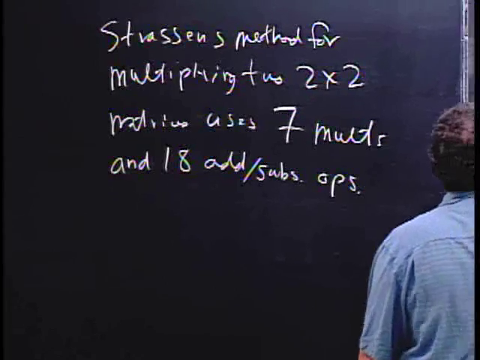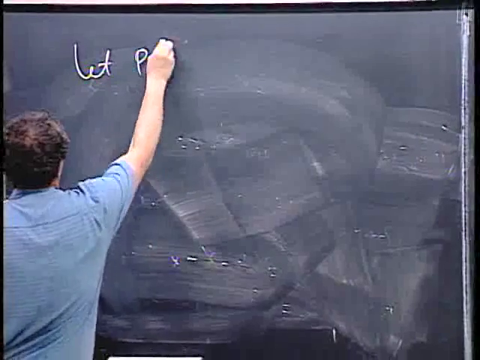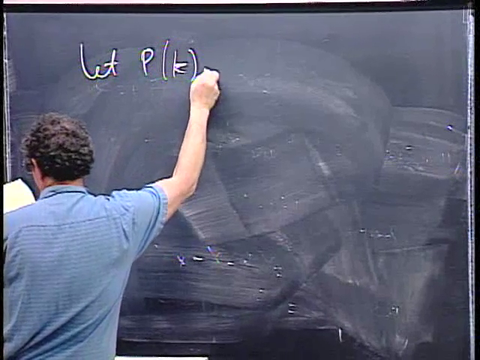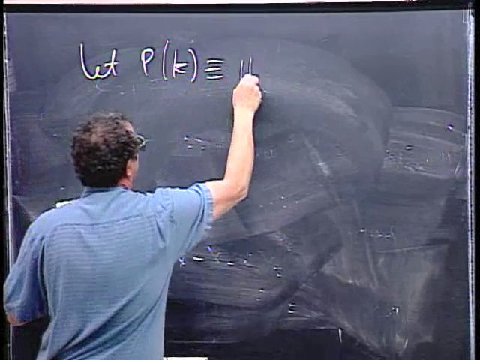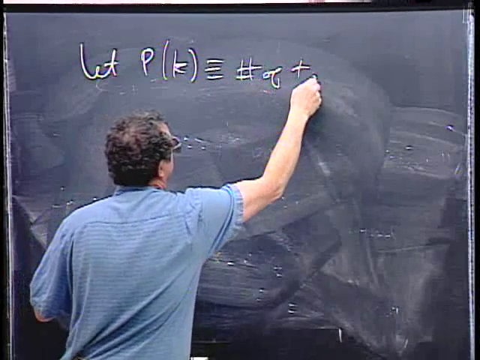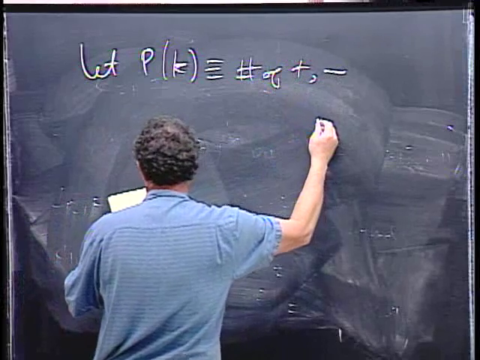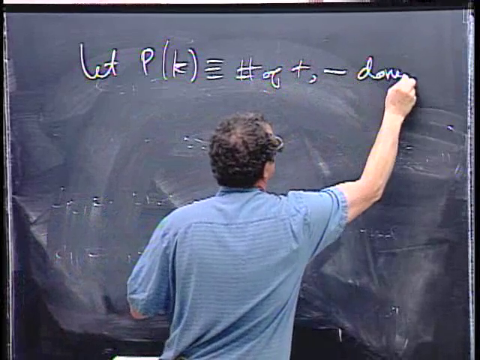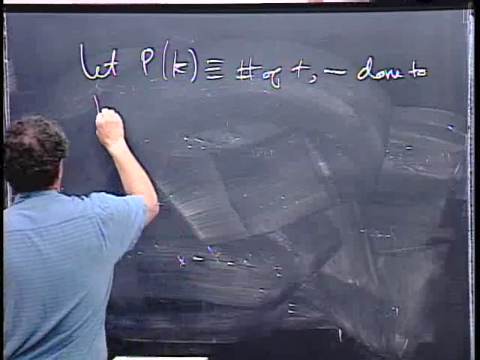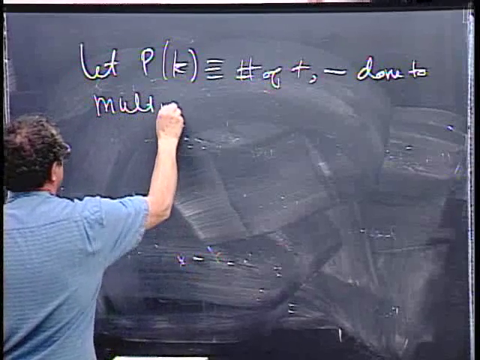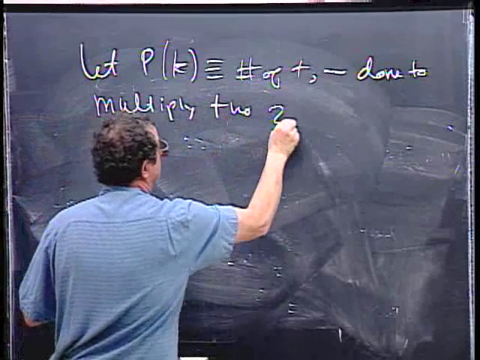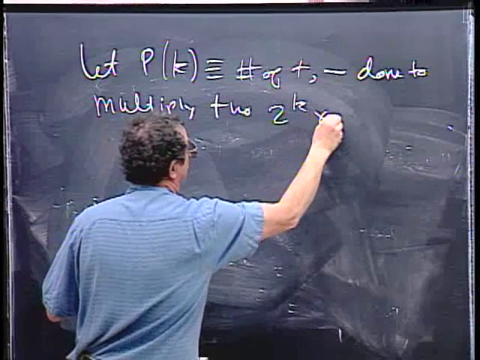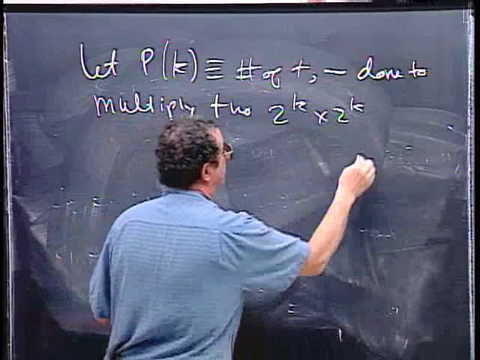So let's get some notation. Let P_k be defined as the number of additions and subtractions done to multiply two 2 to the k by 2 to the k matrices.